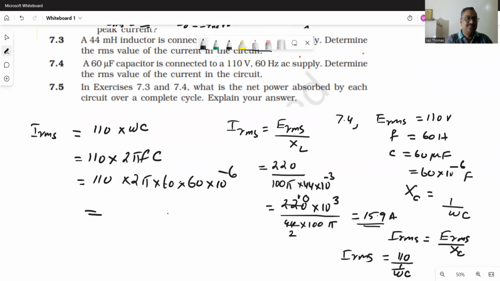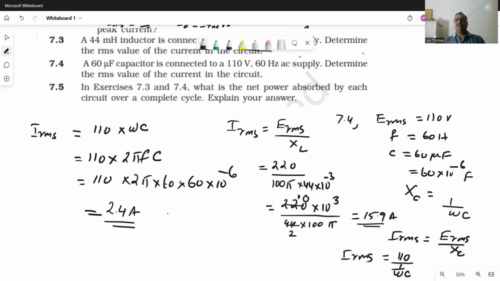On calculation, you will get 2.4 ampere. Okay.